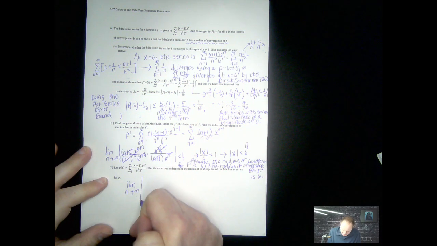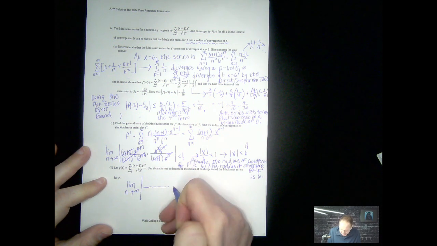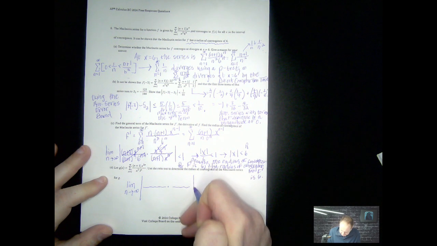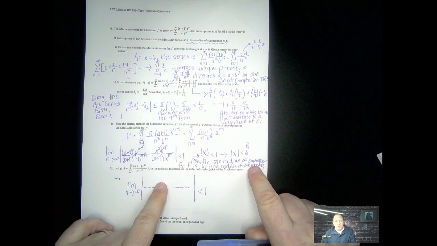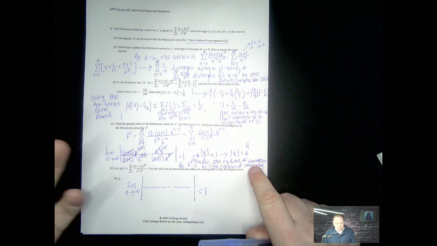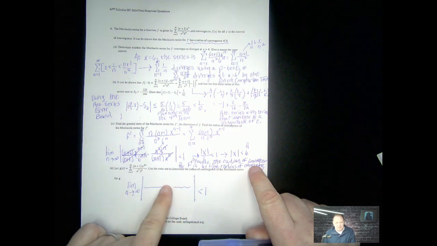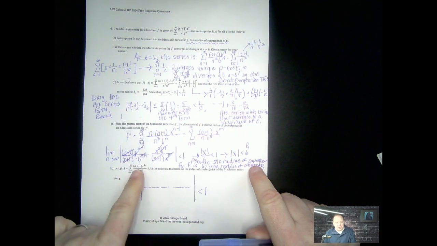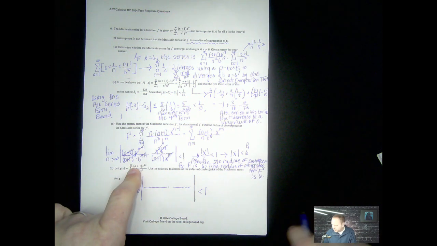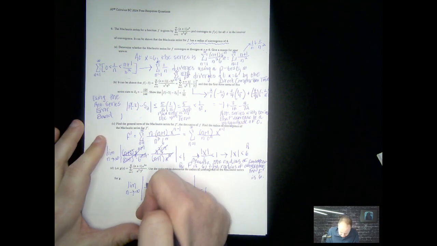So let's apply the limit as n approaches infinity. I told you how I do the ratio test. The thought process is to think about your geometric series, where the absolute value of r has to be less than 1, right? Because in order for it to converge.